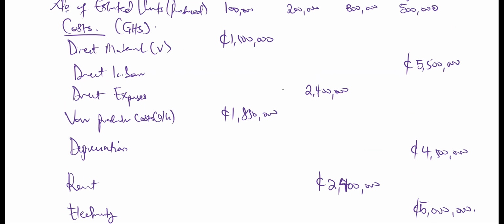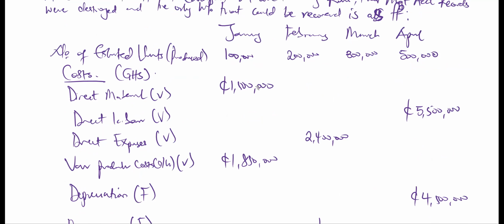Direct labor, variable. Variable production overhead, variable. Depreciation, fixed. Rent, fixed. Electricity, fixed.